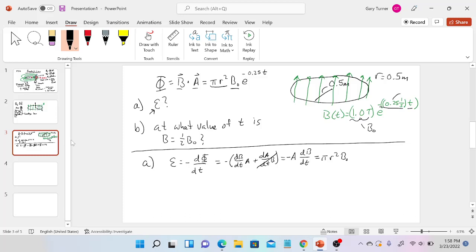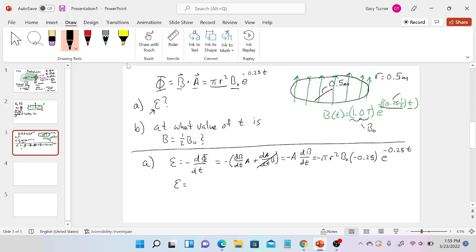So now I get to the sign here. This is going to be negative 0.25 times e to the negative 0.25 times t. So I've got these two negative signs. They're going to cancel out.